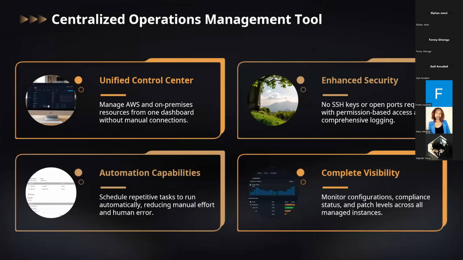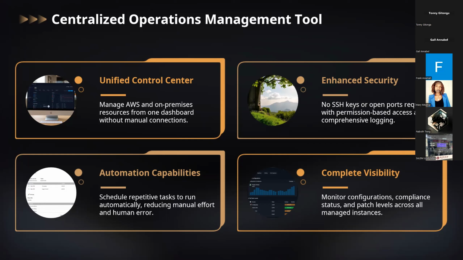As I said, it allows hybrid resources from one dashboard without manual connection. Automation capabilities: it lets you schedule repetitive tasks to run automatically, reducing manual effort and human error. It also enhances security. There will be no need for SSH keys or open ports, with permission-based access and comprehensive logging.